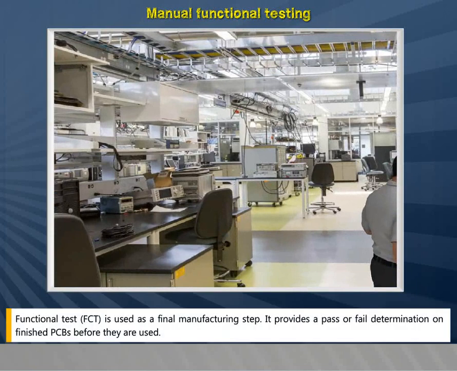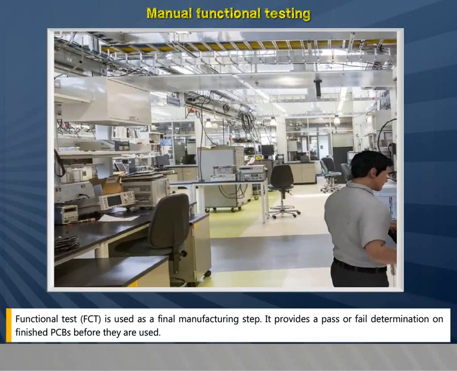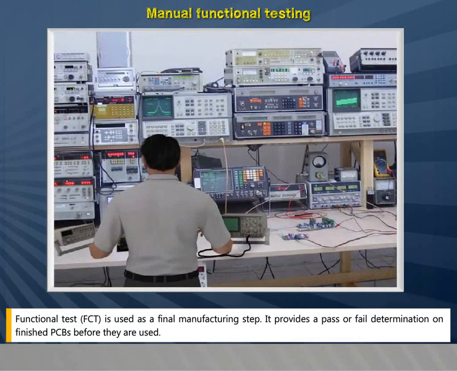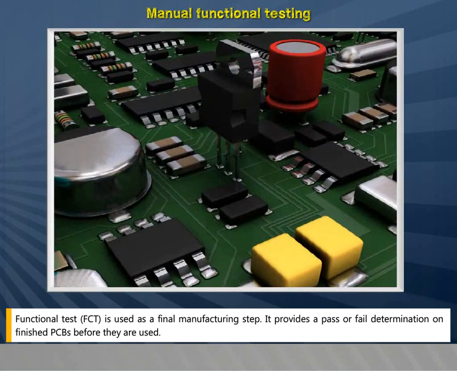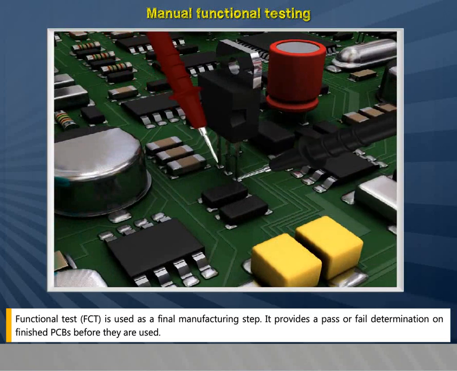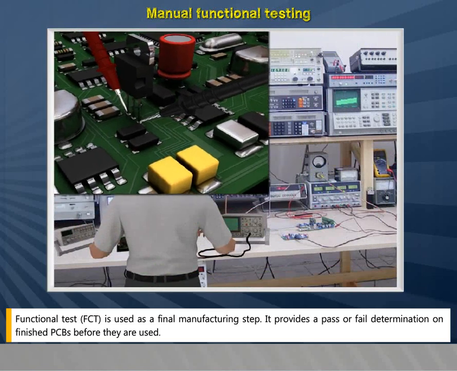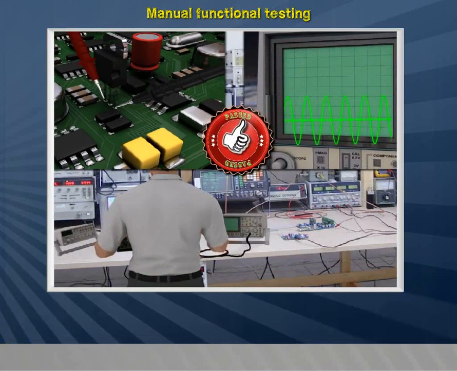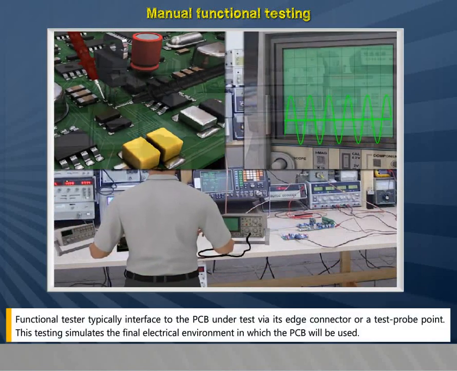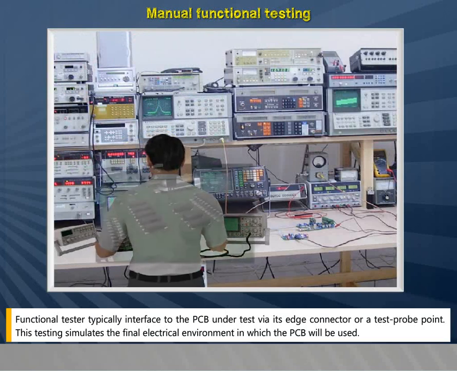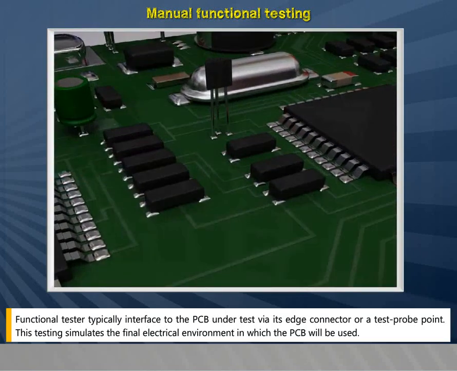Functional test, that is FCT, is used as a final manufacturing step. It provides a pass or fail determination on finished PCBs before they are used. Functional testers typically interface to the PCB under test via its edge connector or a test probe point.